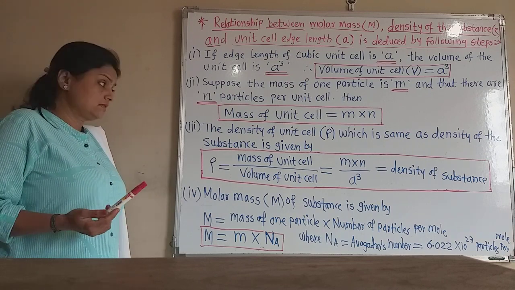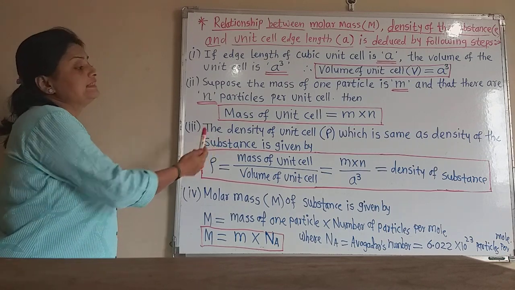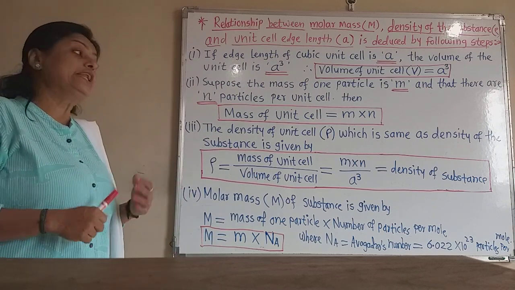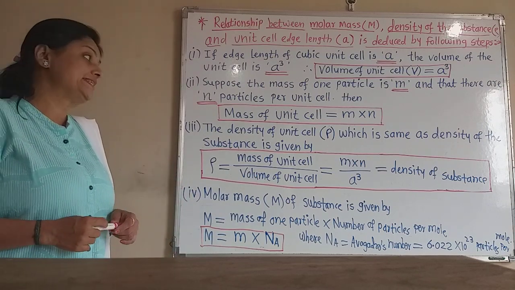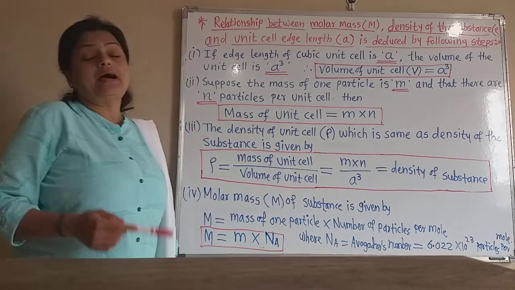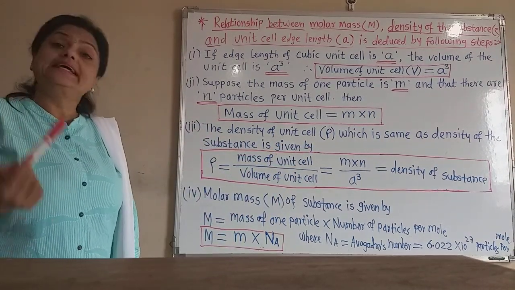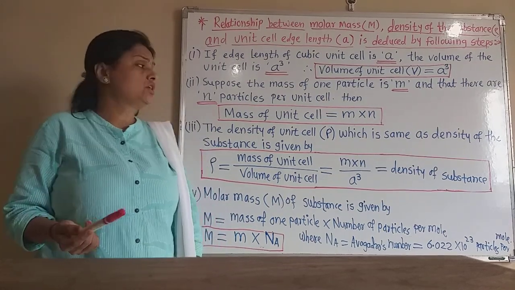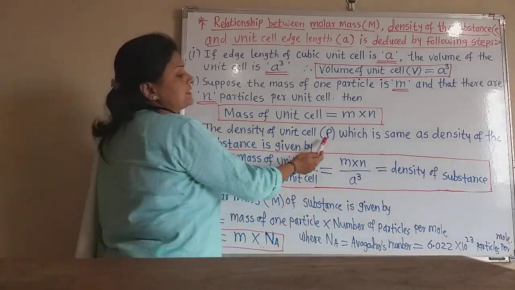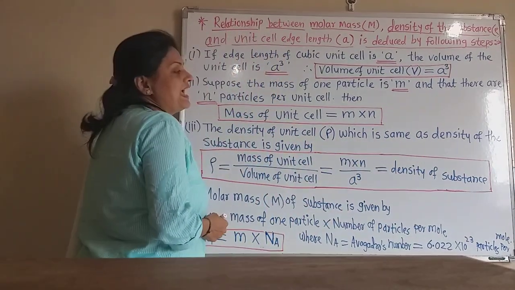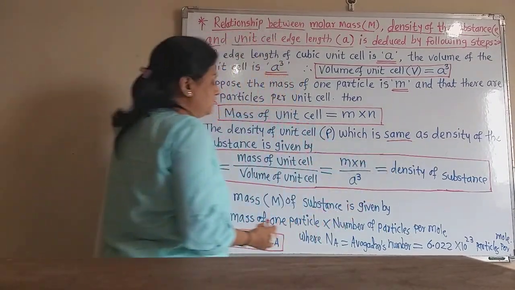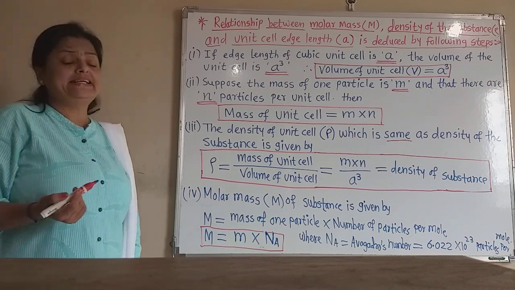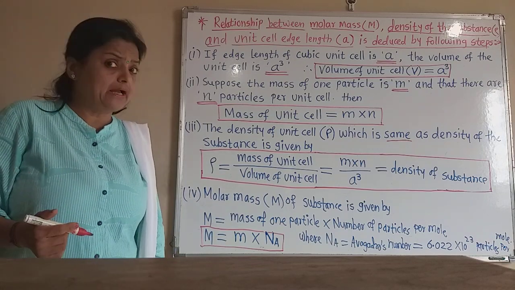Now let us calculate the density of the unit cell. Let us learn the formula to calculate the density of the unit cell, rho. I already told you that the density of the unit cell is the density of that substance. We know that density is mass divided by volume.